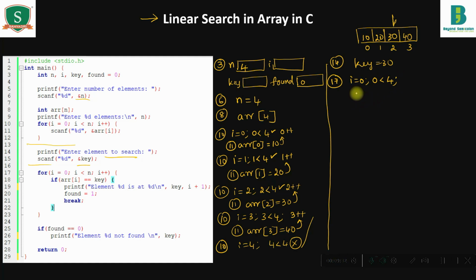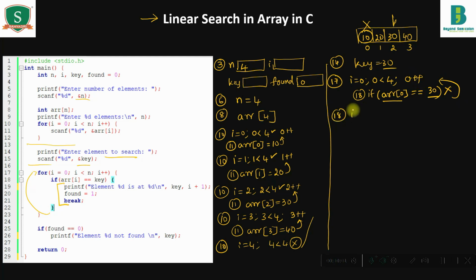Here one more condition comes up: if array of 0 is equal to the key value, which is 30. We are comparing array of 0, which is 10. Is 10 equal to 30? No, the condition failed. The moment the condition fails, this part will not execute, and it will go back to the loop and increment the i value.